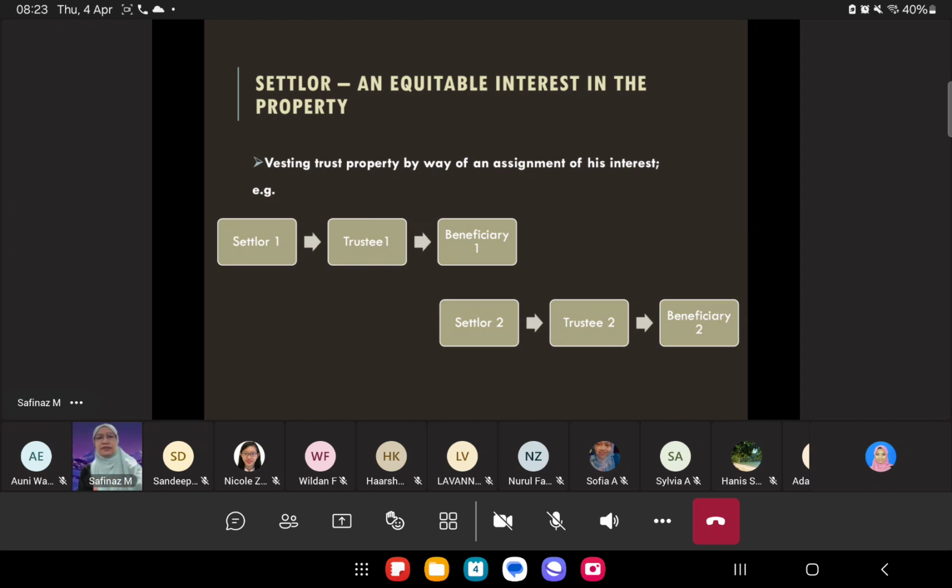Harta tu sekarang dengan trustee number 1 kan. So dia akan buat satu assignment of his interest, kepentingan dia dalam harta amanah tersebut kepada trustee number 2 untuk benefit faedah beneficiary number 2. So kalau you have an equitable interest in the property, you can still create a trust by way of an assignment of your interest in the trust property. Okay?